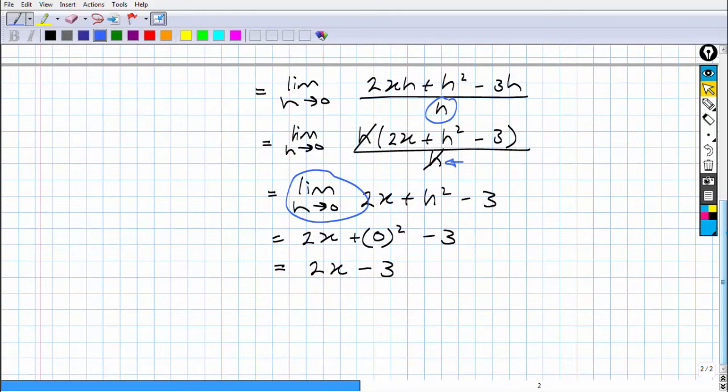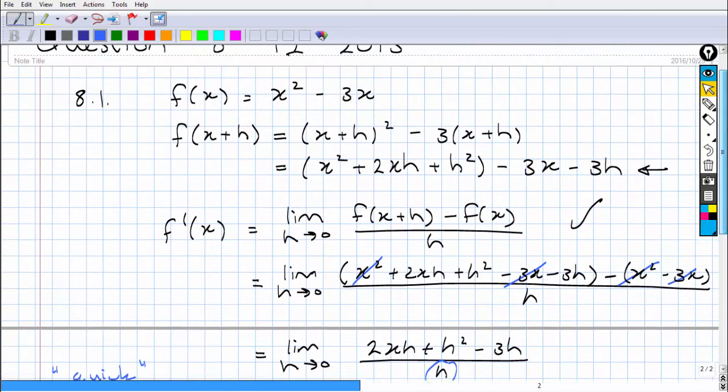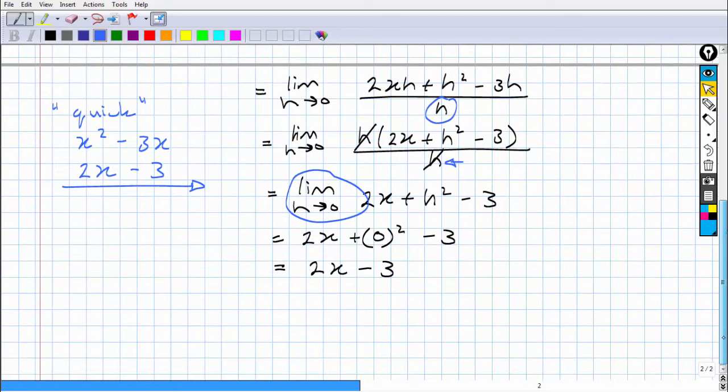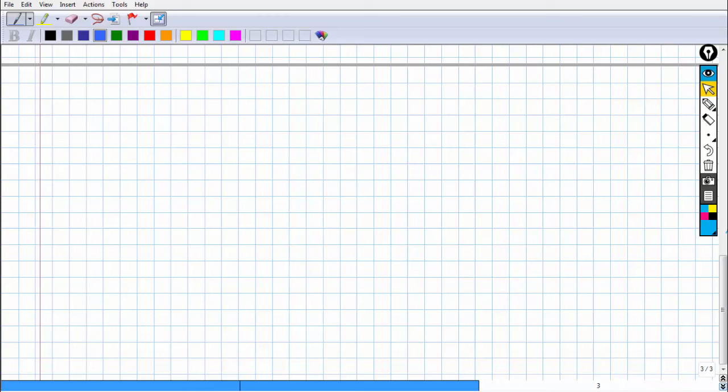And if you use the so-called quick method, we can see that the original equation, which was x squared minus 3x, simply becomes 2x minus 3. Once again, if you don't understand that, please go see my calculus video. And it's exactly the same as the one we derived from first principles, which hopefully it is, otherwise you've done something wrong.